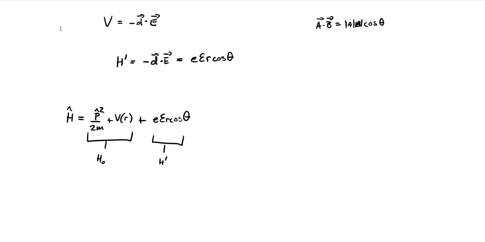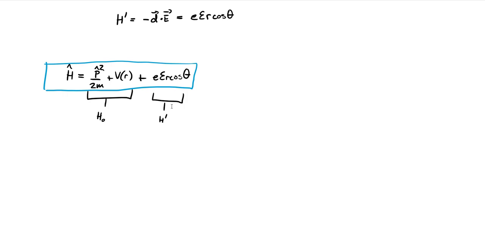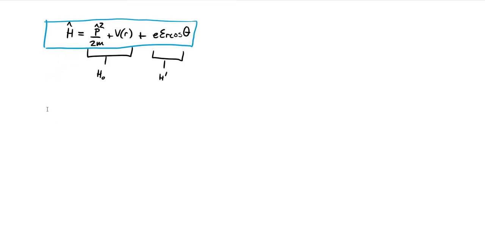So we've set up our problem and defined the Hamiltonian of our system, written in terms of a solved and a perturbing Hamiltonian. We can now apply perturbation theory to see how this external electric field affects our hydrogen atom. So let's look at n equals 1, just how this affects the ground state.